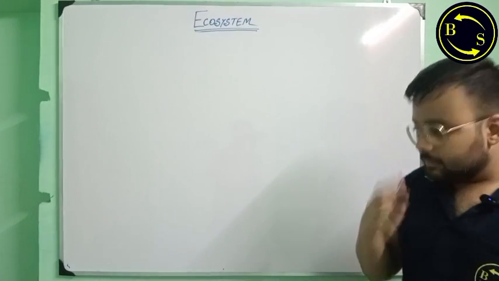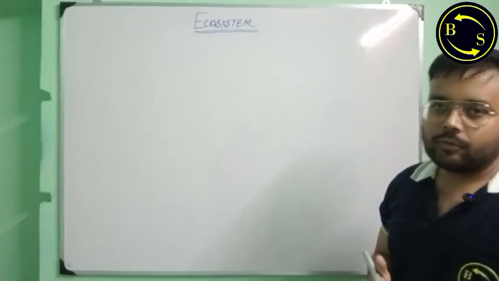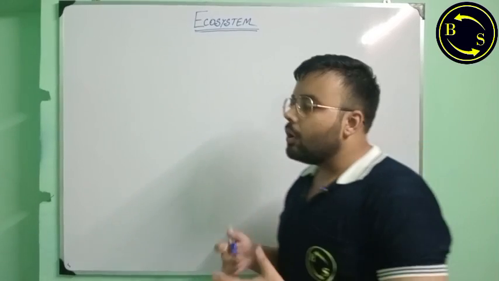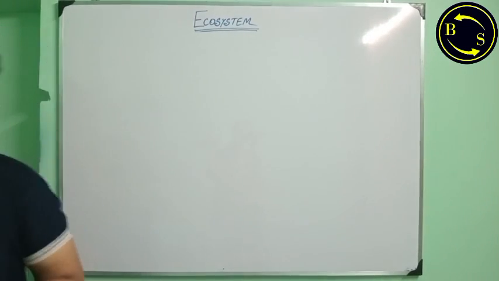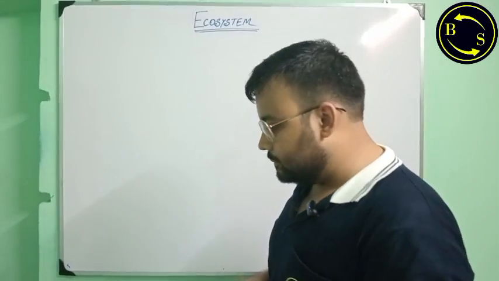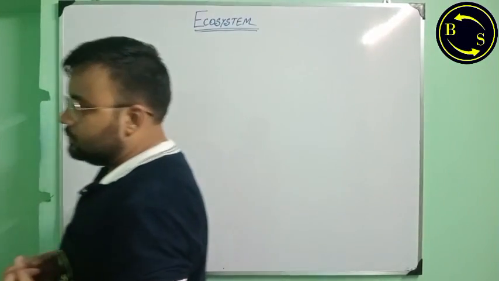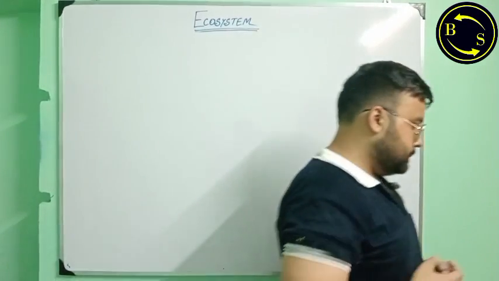Apart from all these, let us now look into the finer aspects of our ecosystem. How our ecosystem is organized. Now, there are different kinds of ecosystems on our planet. Near the equator, you will find tropical forest ecosystems.